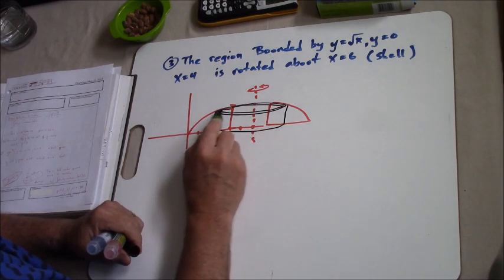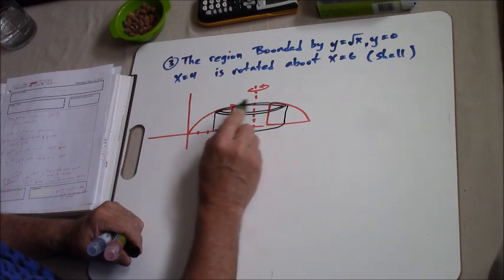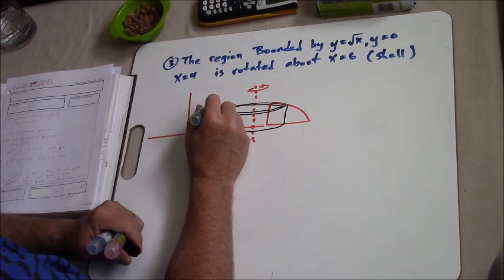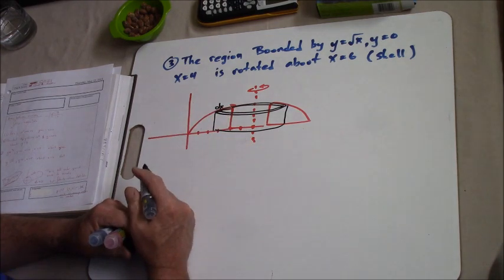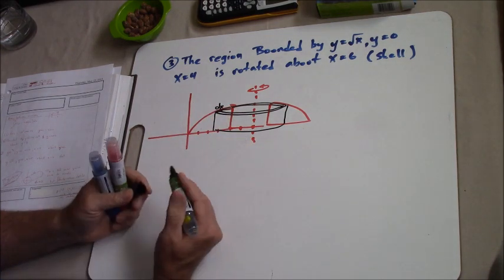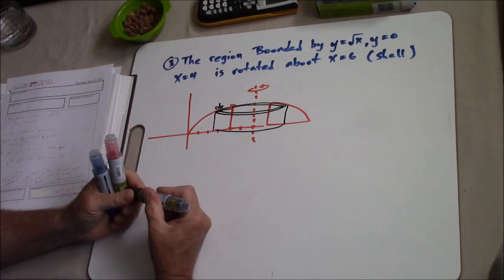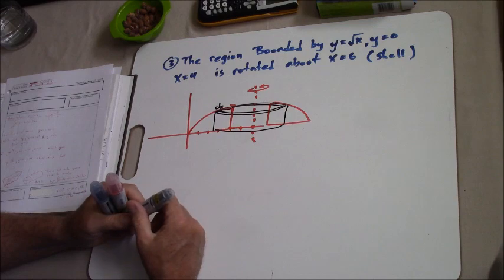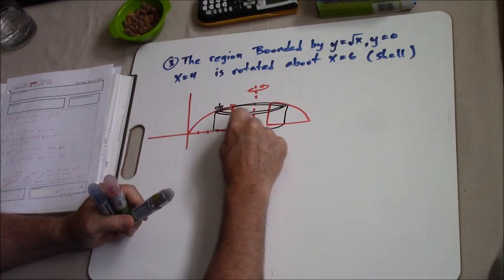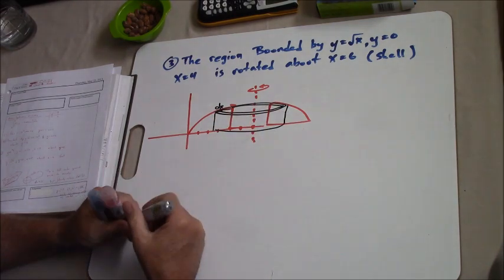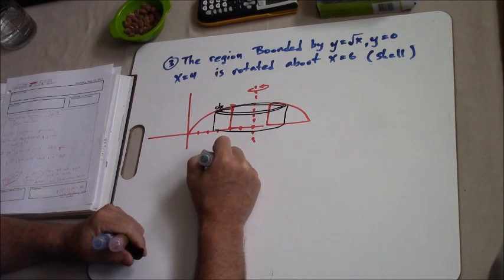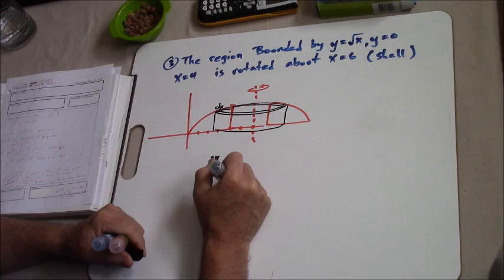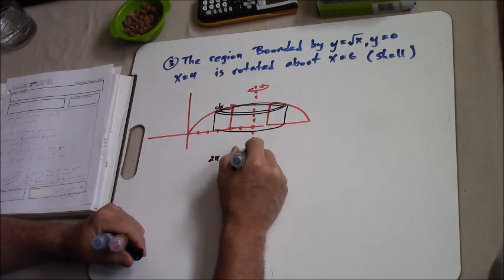Go out to the ends of that cylinder, and this is parallel to the x-axis, and so I want to call that dx. Okay? And then the volume of this cylinder, remember it's the circumference around times the height, so that's 2 pi times the radius times the height times that little bit of thickness, which is dx.